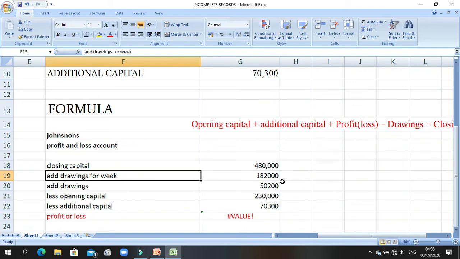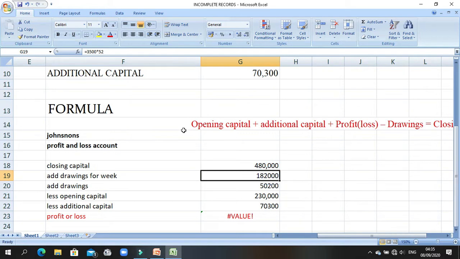In our question, they give us per week they draw 3,500, but it is for a year. The year has 52 weeks, so I take 3,500 times 52 weeks to get this. And also you have drawings for personal use. They draw money for personal use.